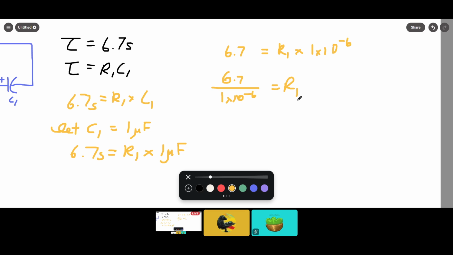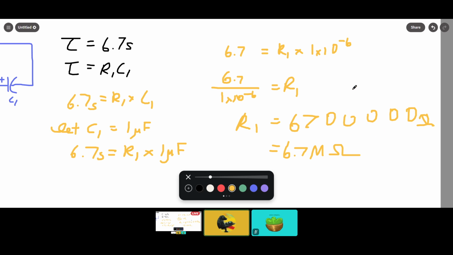We'll get 6,700,000 ohms, which is 6.7 mega ohms, because the prefix is times 10 to the power 6. Deci, centi, milli. Yeah, it's mega.